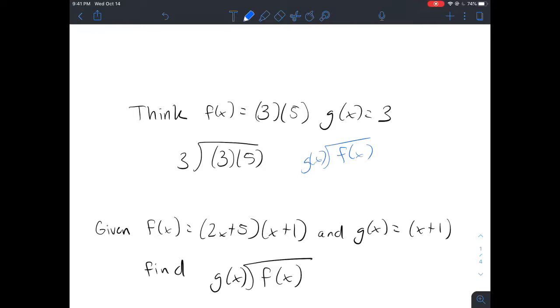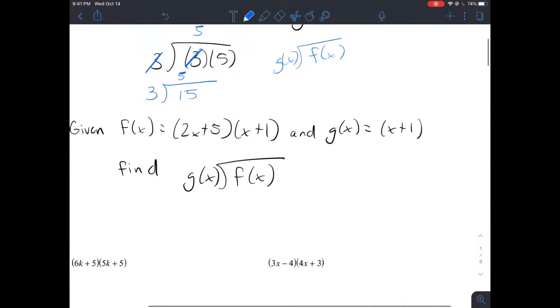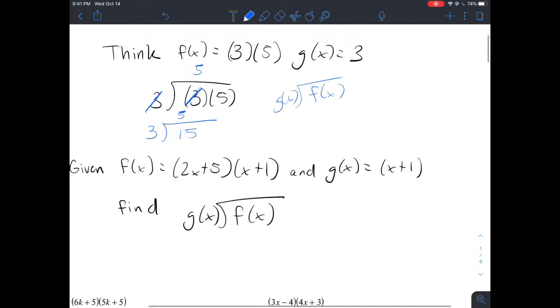So let's think about what this means. This is the same as 15 divided by 3. Well, that's 5, obviously. So notice how when there is a factor inside of the hat and we divide by that factor, whatever's left comes out.